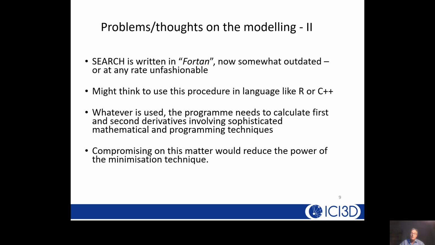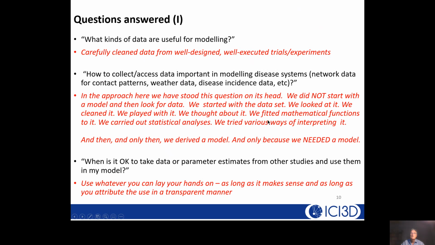Whatever you use, though, if you're doing this kind of fitting, you want to use something which is able to calculate first and second derivatives of what's actually going on to allow you to get rapid fitting, so that you can get major power. Compromising on this matter would reduce the power of the minimization technique. So just think about that.